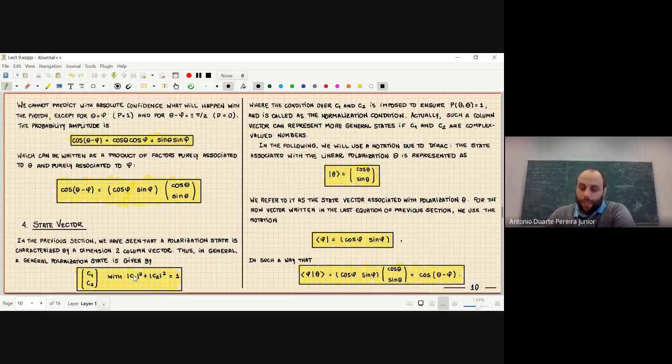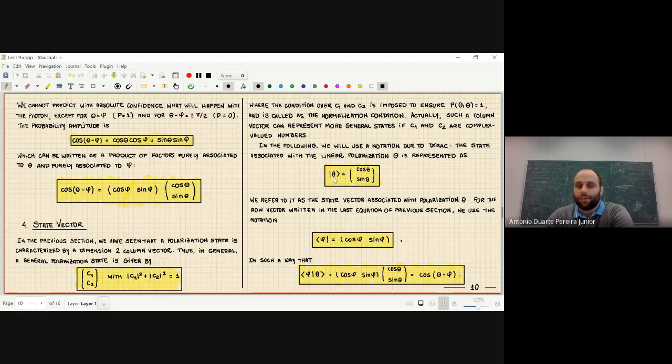So we introduced a notation to represent this state vector in polarization theta. If a photon is polarized in the direction theta, then I assign to it this column vector, and I label it with this notation, which, as we have discussed, is called a ket. This is the Dirac notation for a state vector.